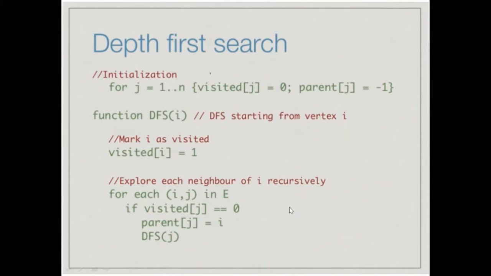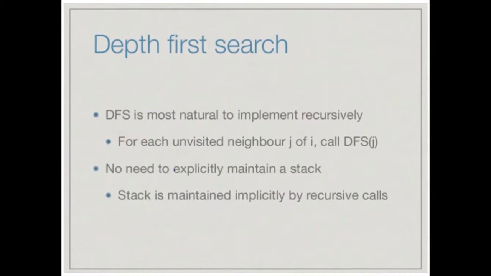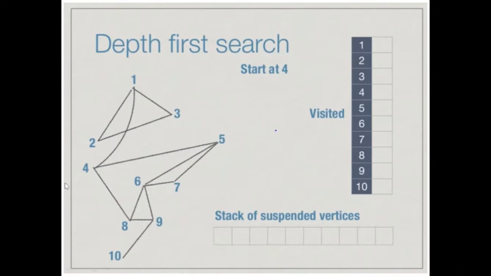Let's go back. What I'm trying to say is, if I've started from the fourth one, I will pass the function parameter as fourth. First, I will mark it as visited here, and then I will look at the combinations of 4 comma, that is i comma j.